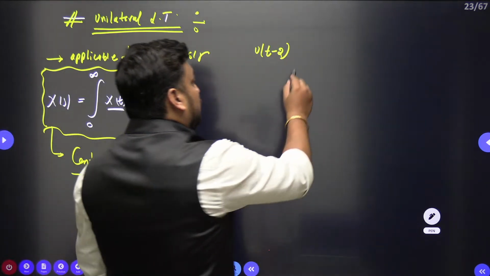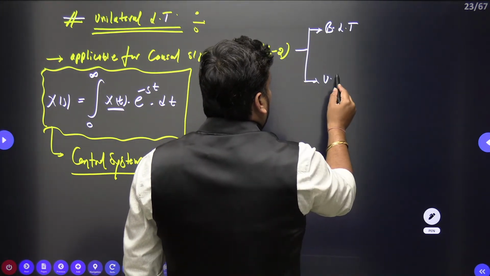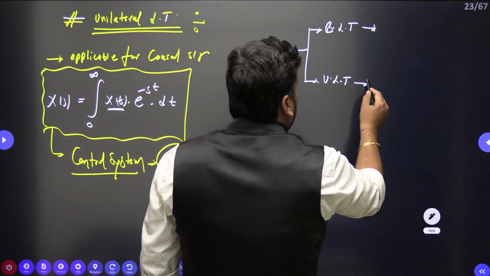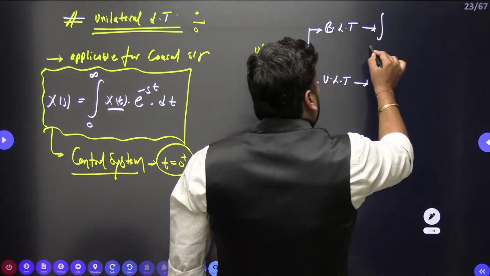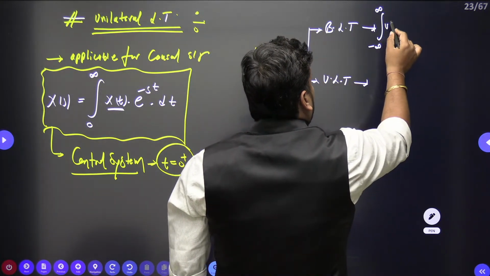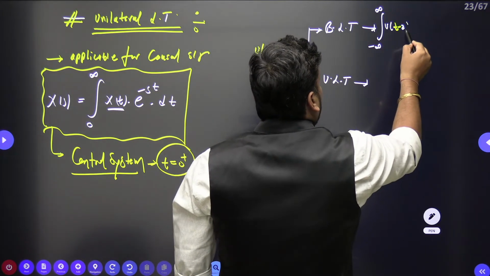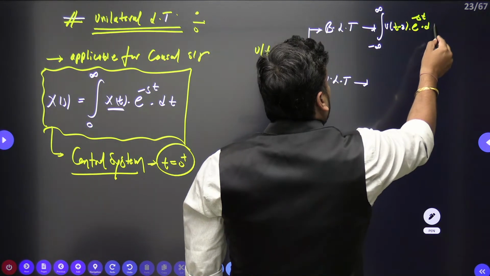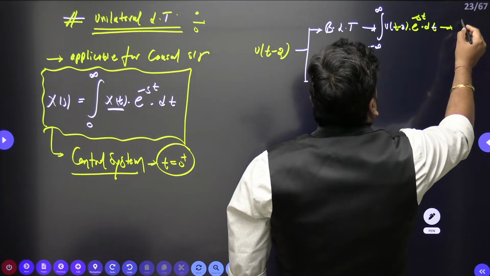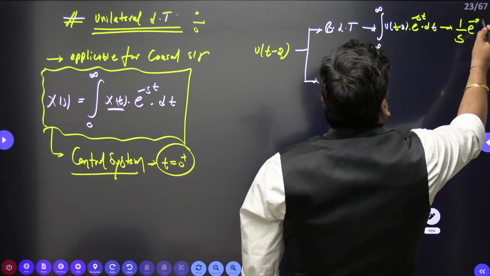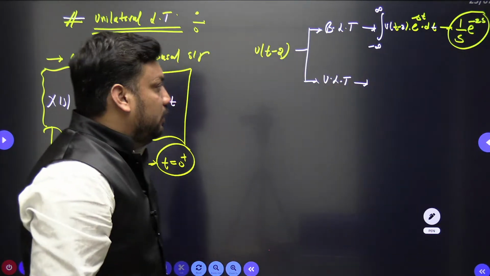For the bilateral Laplace transform, the limit goes from minus infinity to infinity, with u(t minus 2) into e to the power minus st dt. When you solve after applying the limits, you finally get 1 by s into e to the power minus 2s. Simple properties, you know that.